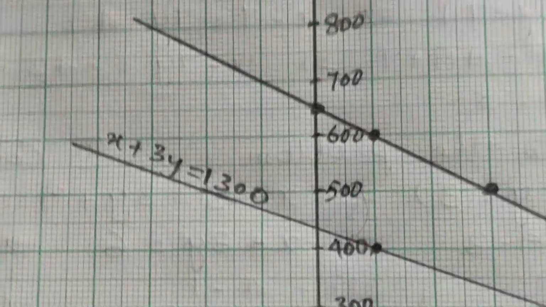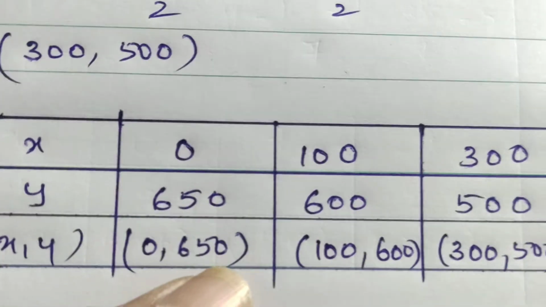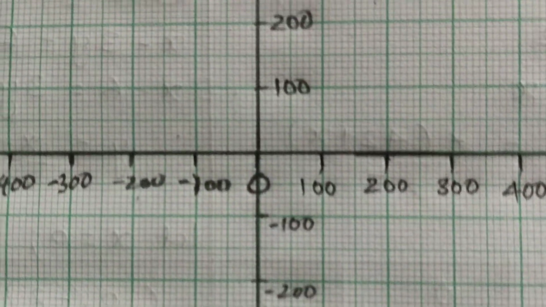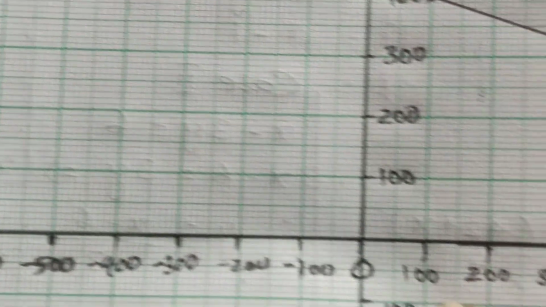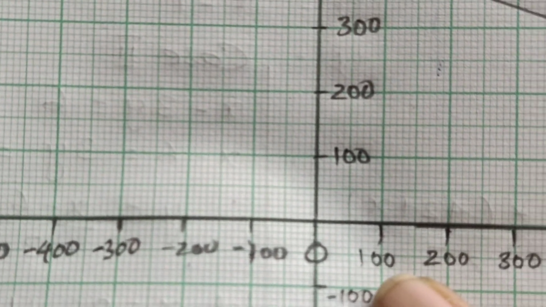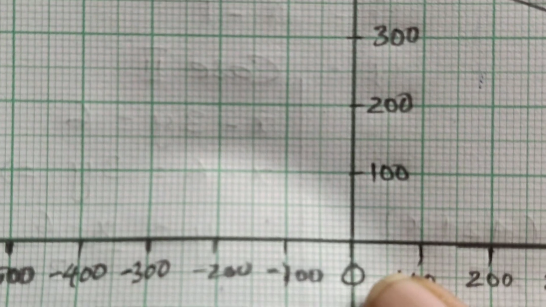Now, plotting the points. If you clearly see, the first one is 0, 650. You may get a doubt now: how to plot the 650? Listen here, children. Here 0 is here. So 0, 650.